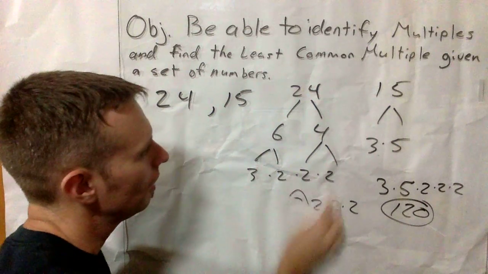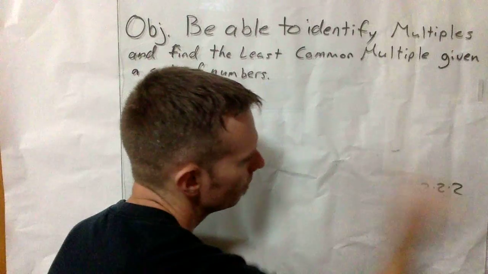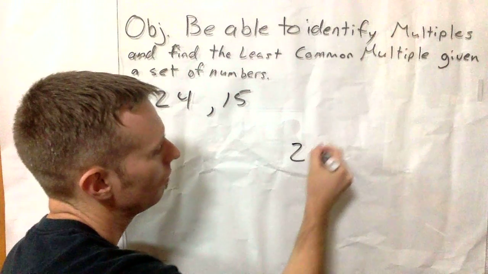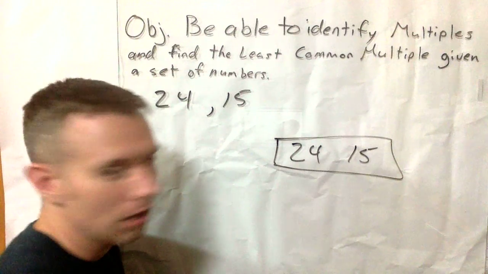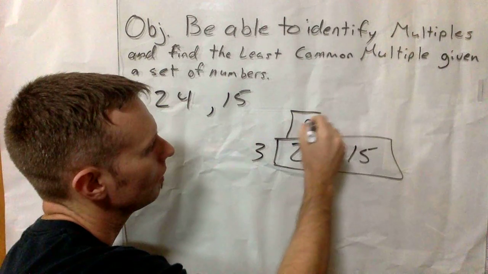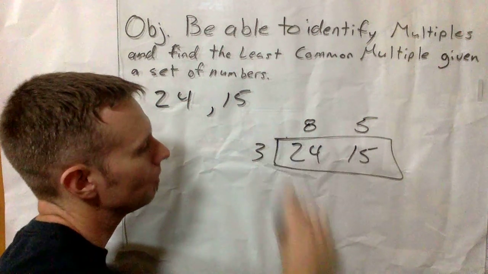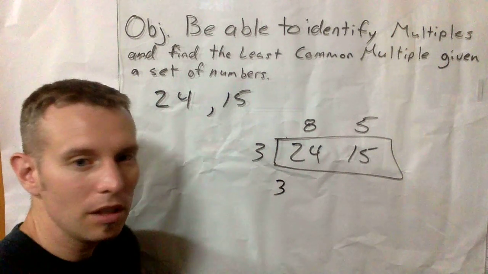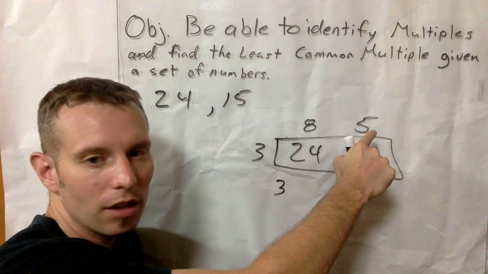Now, again, the way that I like to do this is the cake method, and it makes it very simple for you. And so we just do our cake. We have 24 and 15, and we can factor out a 3. And so if we factor out a 3, we're left with 8 and 5. And actually, since nothing else factors out, we can just leave those on top. So here we have to find the least common multiple using the cake method, we just simply multiply everything that's on the outside.